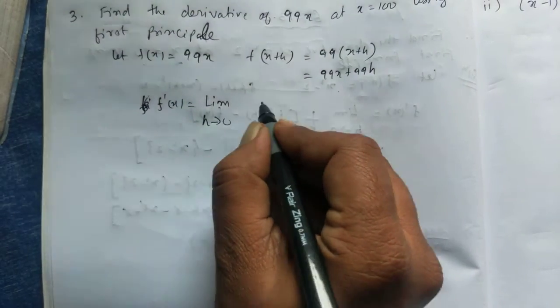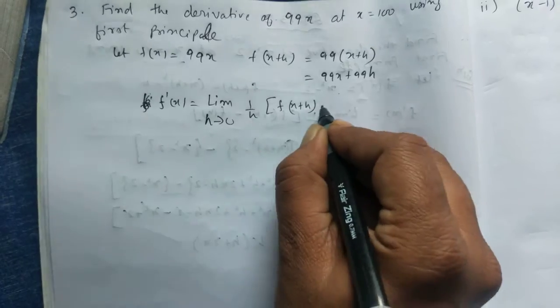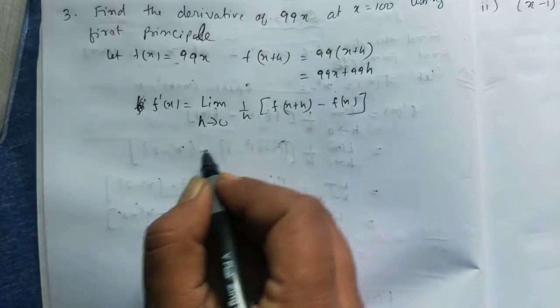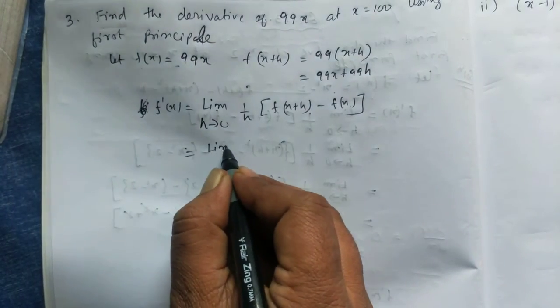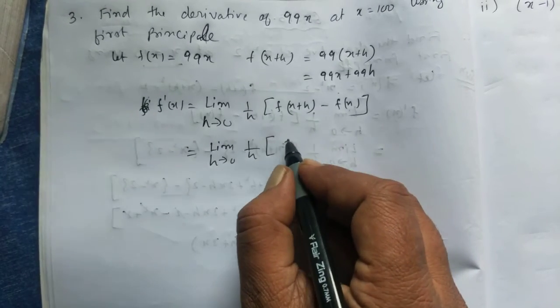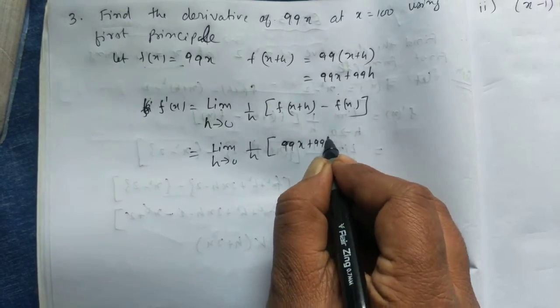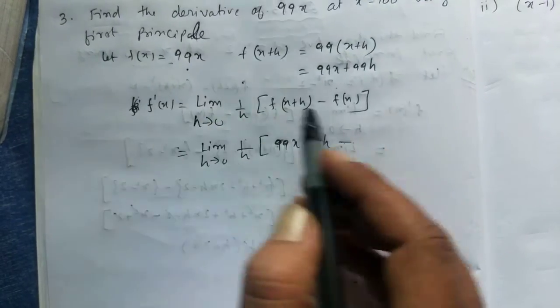h tends to 0, 1 by h, f(x plus h) minus f(x) is the formula. f(x plus h) is 99x plus 99h minus f(x) is 99x.